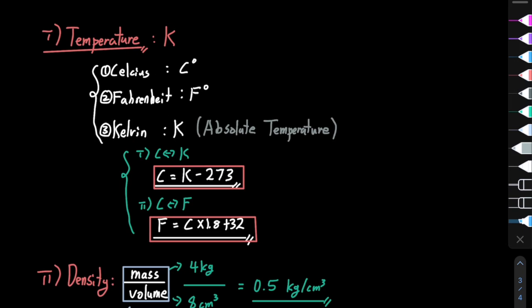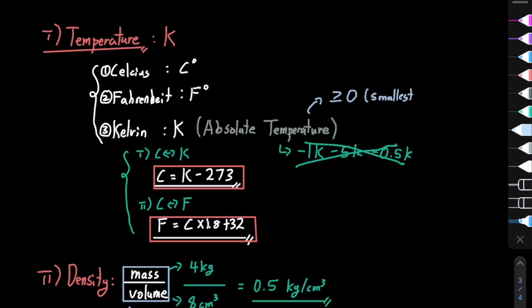So, for example, there cannot be -1 Kelvin, or there cannot be -5. These are all impossible. Kelvin always, in any case, is greater than or equal to 0. So the smallest value of Kelvin would be 0. So that's why it's called the absolute temperature.